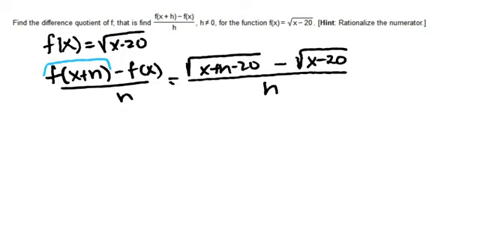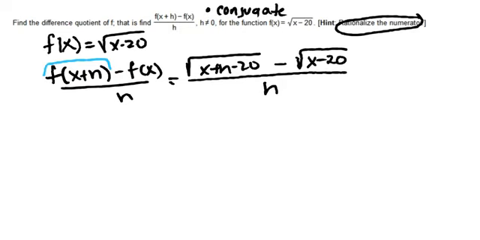And that's where the hint comes in, to rationalize the numerator. Now to rationalize the numerator means that we don't want a radical in the numerator. So to get rid of the radical in the numerator, we're going to use a strategy of multiplying by the conjugate.